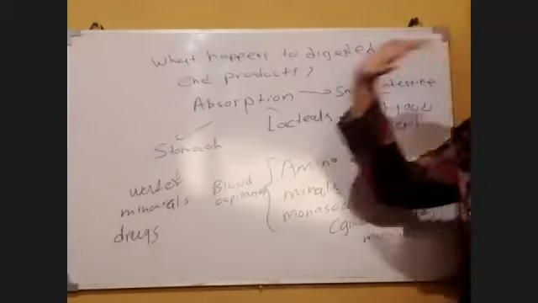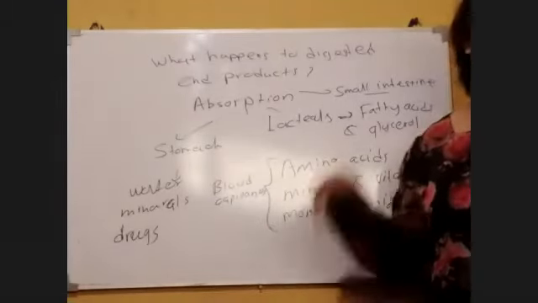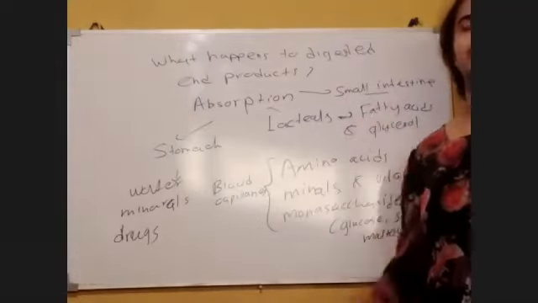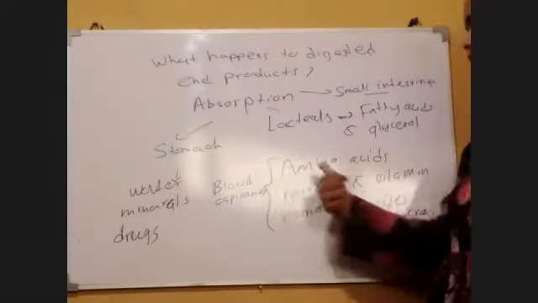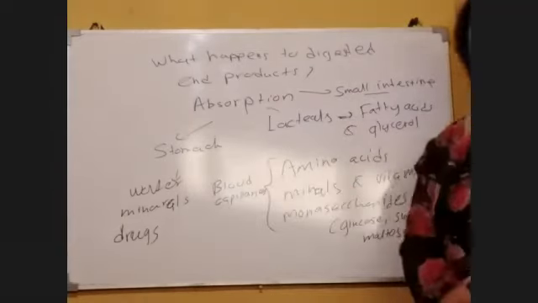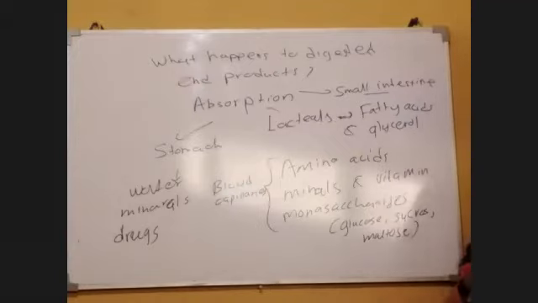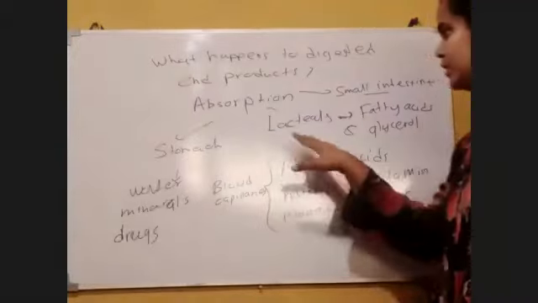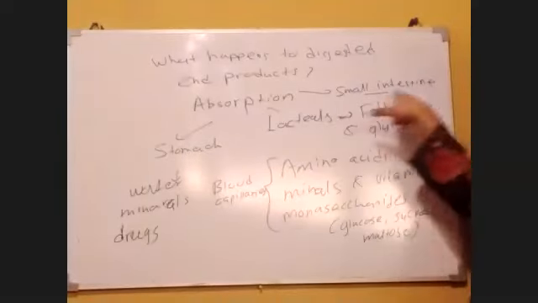However, finally it will come to the body, and our body can distribute it, but it is not absorbed directly into the blood capillaries. So absorption takes place in two organs, the stomach and the small intestine, which is the major organ.